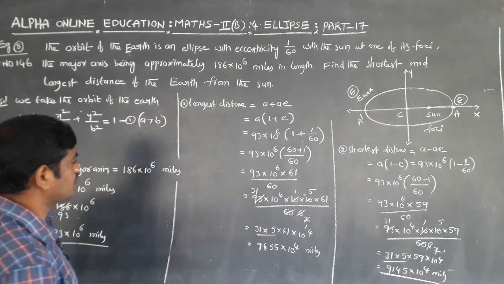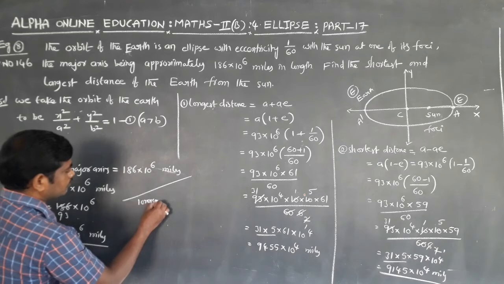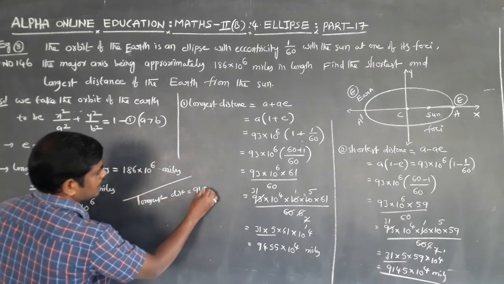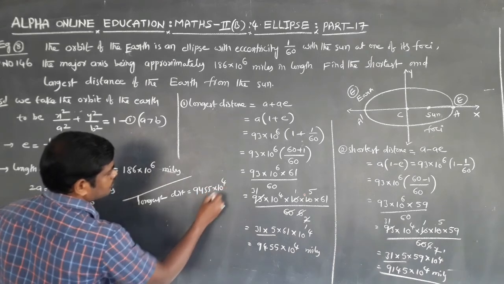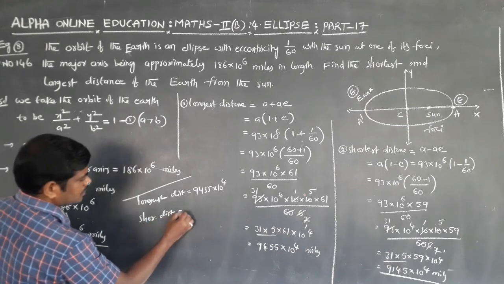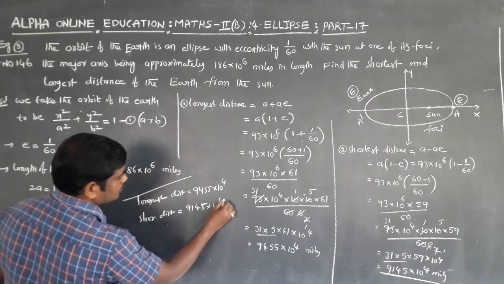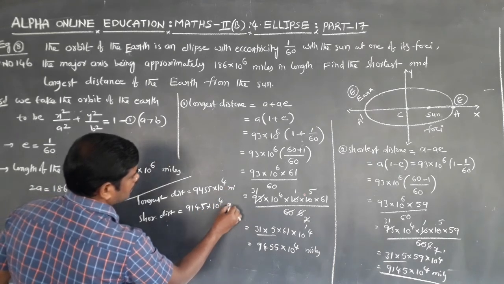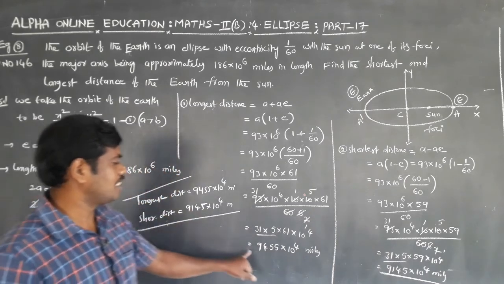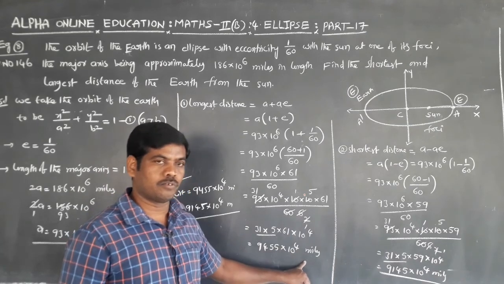Longest distance is 9455 into 10 to the power of 4 miles.